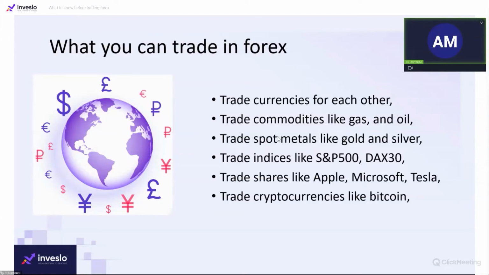And they have to introduce a good storage to keep them safe, because they are inflammable, and you have to keep them out of any risk of the fire and everything. So it's not possible for us to buy and sell those. But in financial markets, we can trade the value of all of those commodities and spot metals.